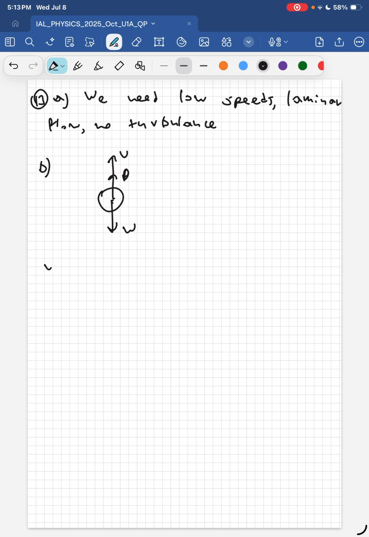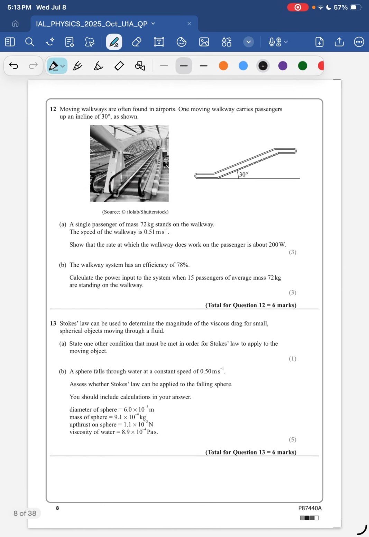So the weight is mass times g: 9.1 times 10 to the negative 4 times 9.81, in kilograms meters per second squared. All these things are given, that's the mass of the sphere.